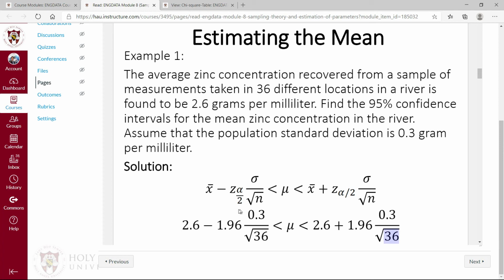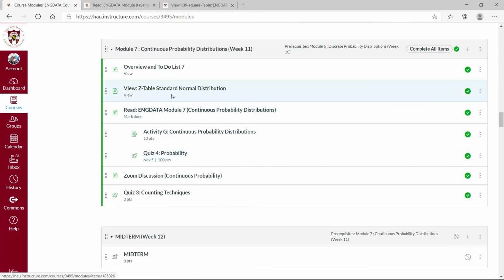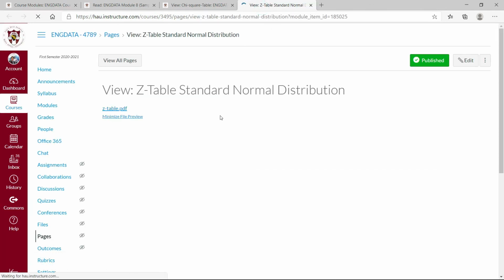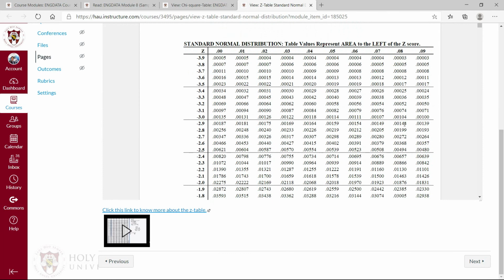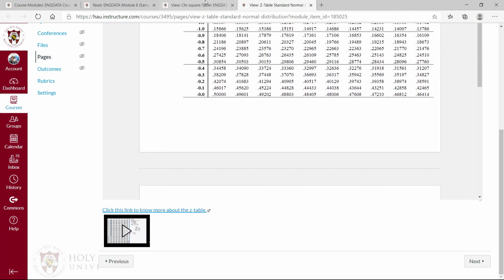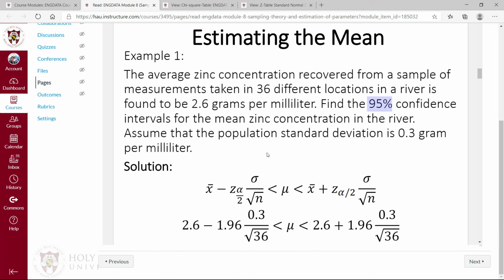So how did we arrive at 1.96 for the alpha level z-score? It depends on the confidence interval, which is 95%. Let us use the z table. This is the z table. First we need to determine the alpha level.